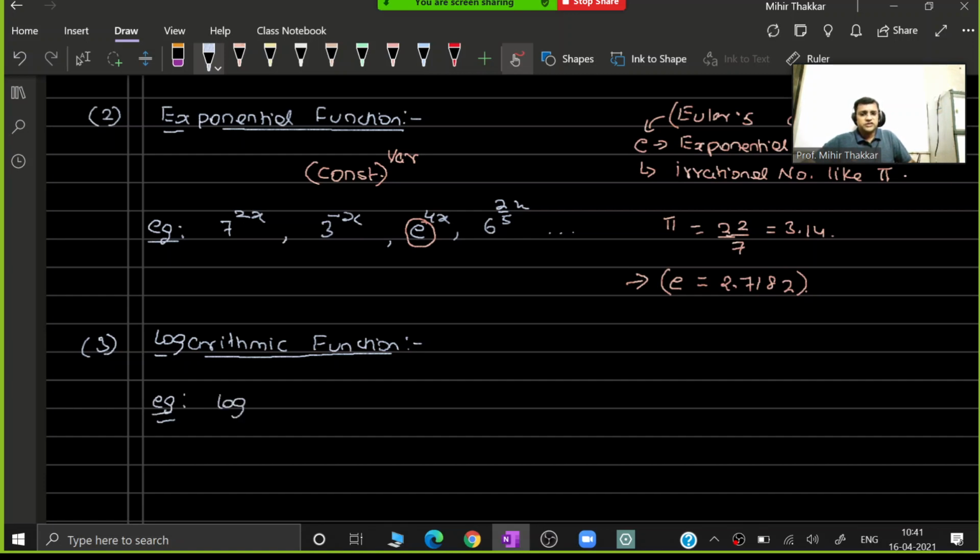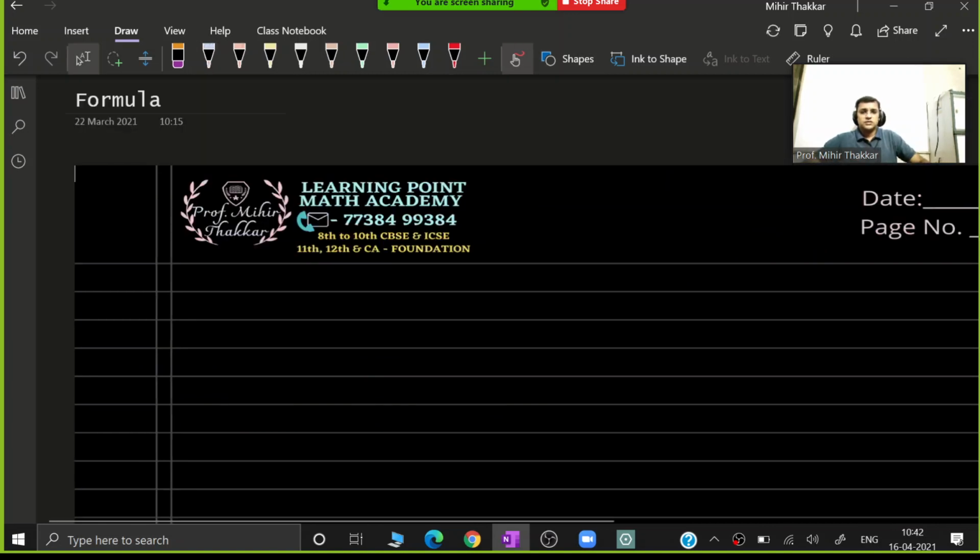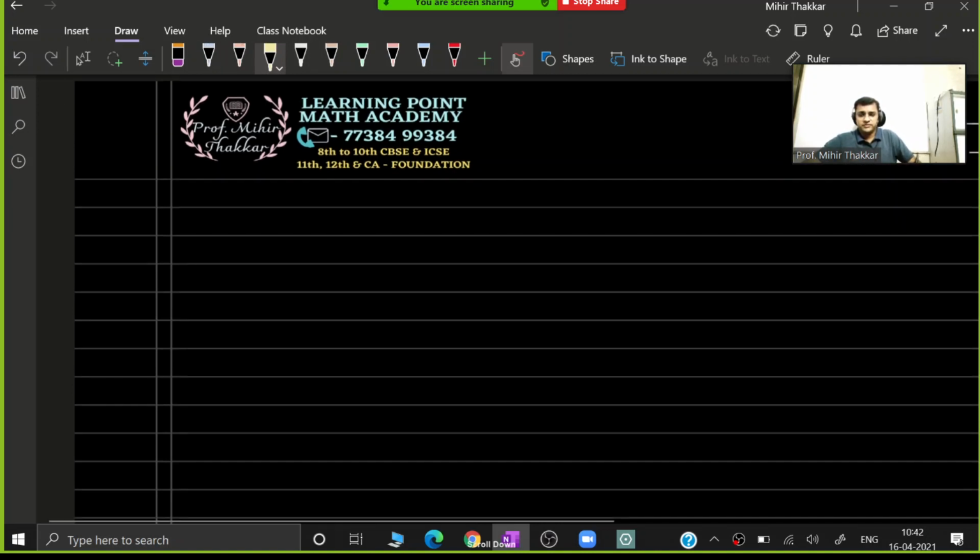In any question, when we see the word log of 2x, log of 3x minus 1, anything where the word log is used or considered, it is always a logarithmic function. Simple. So now the next thing that you have over here guys is a certain formula for calculation of limits. So just write down this formula please everybody.